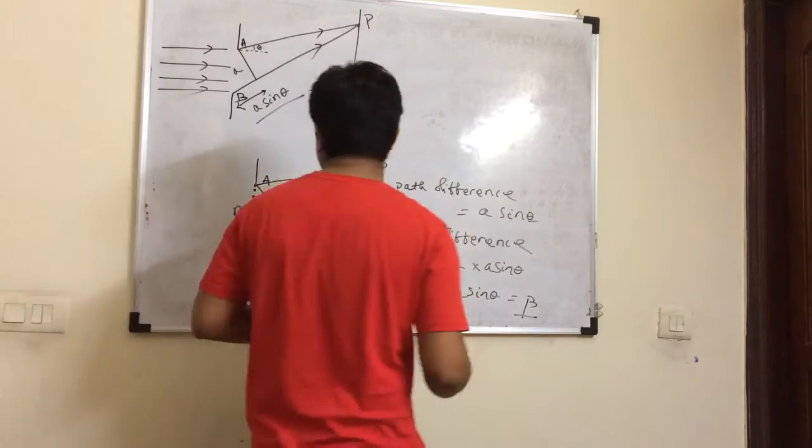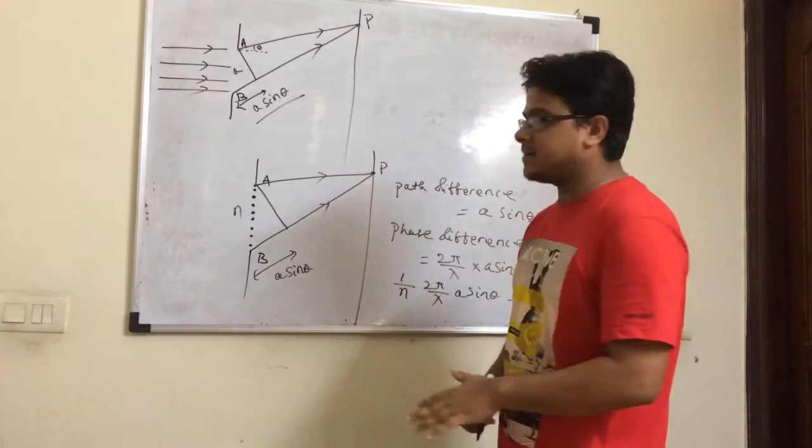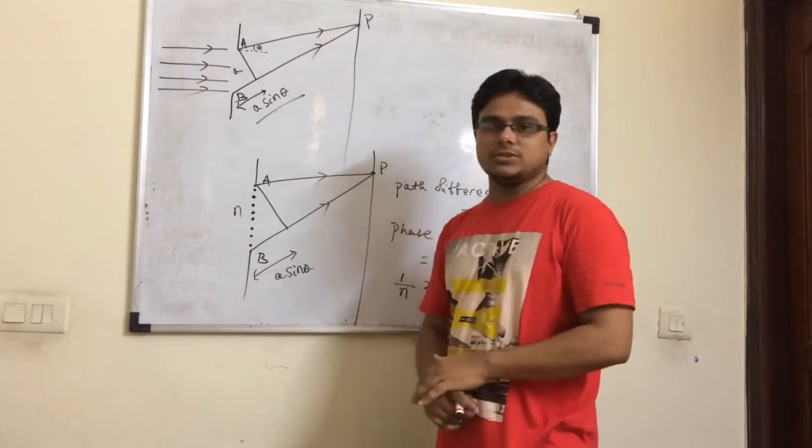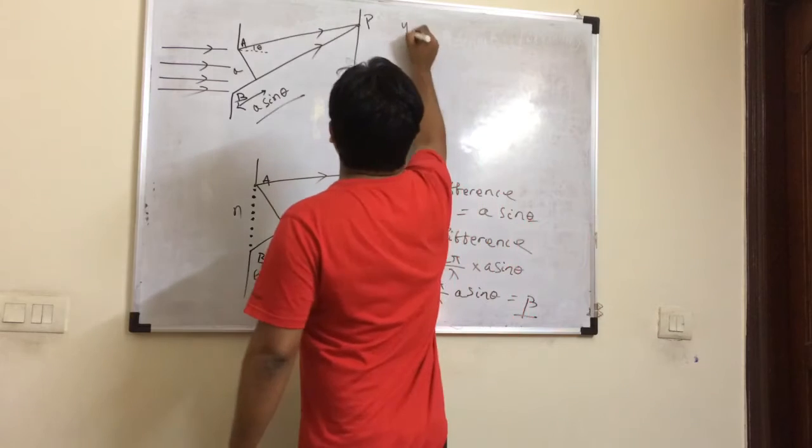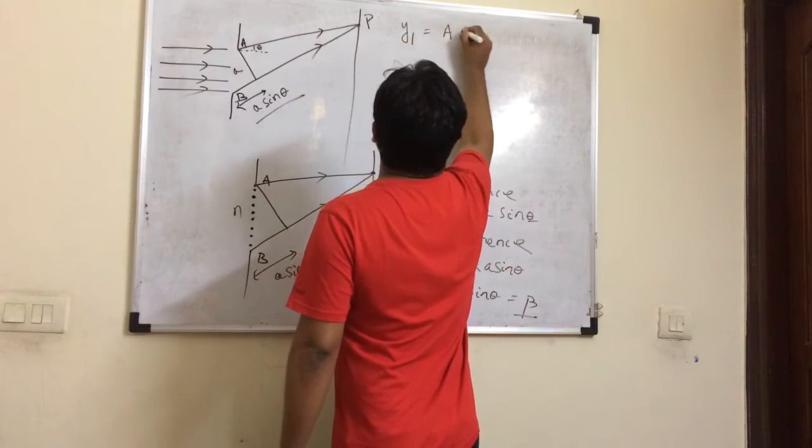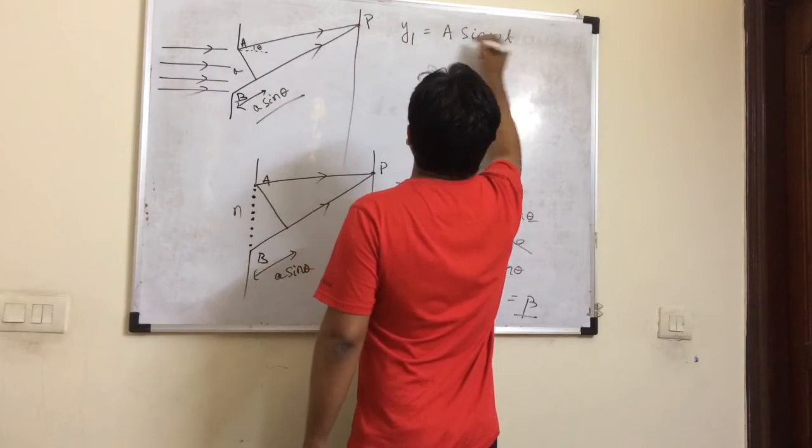So now if n number of such sources are there, and I write the wave equation for them, then for the first one, let me write y1 equals A sine omega t, where A is the amplitude.